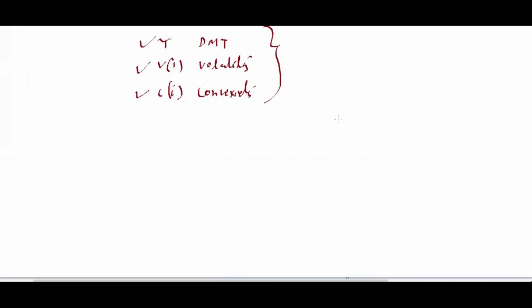Now, we'll do the most important topic of CM1, that is part 1 of CM1 today. These are the measures we'll use in that chapter. So, how? I'll tell you. Before going to that, let me tell you something.